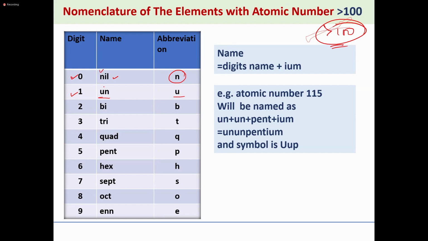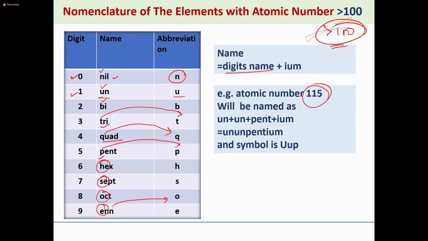That means the first letter of each word is used. For three, it is tri, so T will be there. For four, quad, Q. For five, pent, P. For six, hex, H. For seven, sept, S. For eight, oct, O. And for nine, enn, E. So the naming will be the digits' names plus ium.